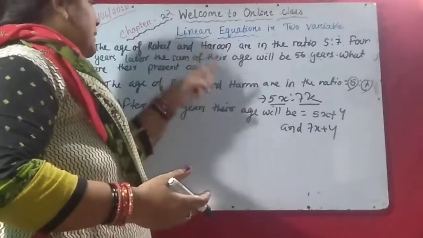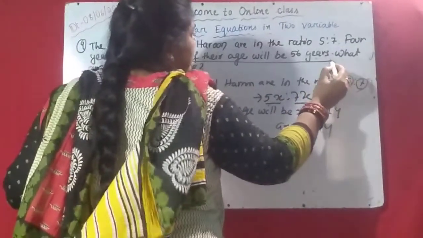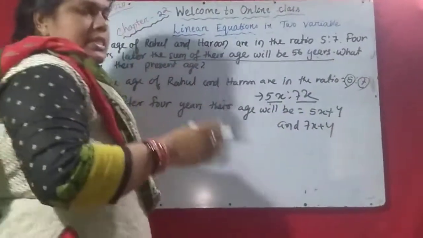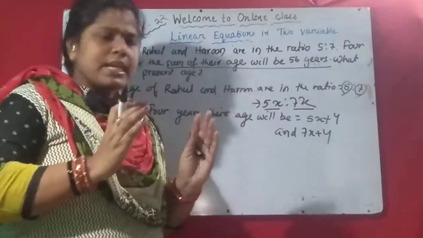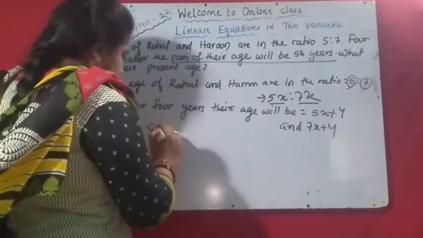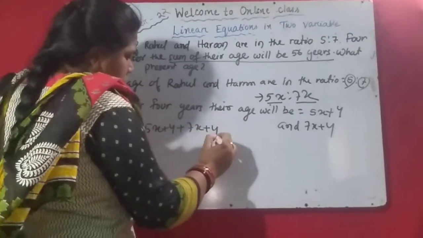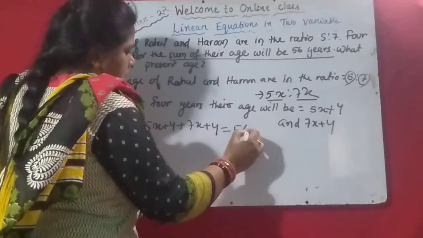Next line: the sum of their ages will be 56. So after 4 years, if we add the two ages, we will get 56 years. So 5x plus 4 plus 7x plus 4 equals 56.